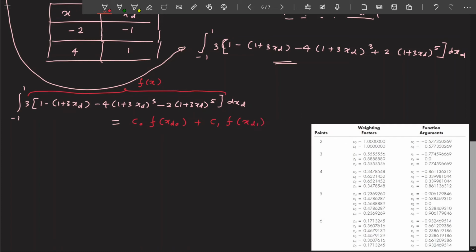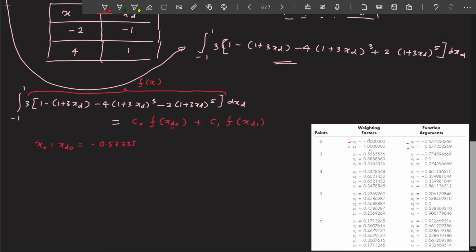So according to 2-point Gauss quadrature, what are the weighing functions that I am going to use? The weighing functions are c0 and c1, which are 1. And x0, that is nothing but xd0, is minus 0.57735.